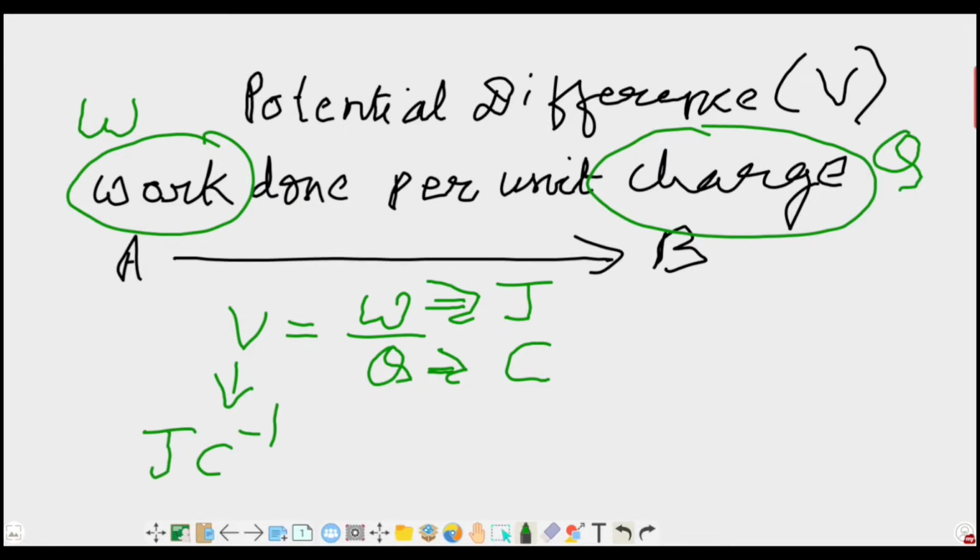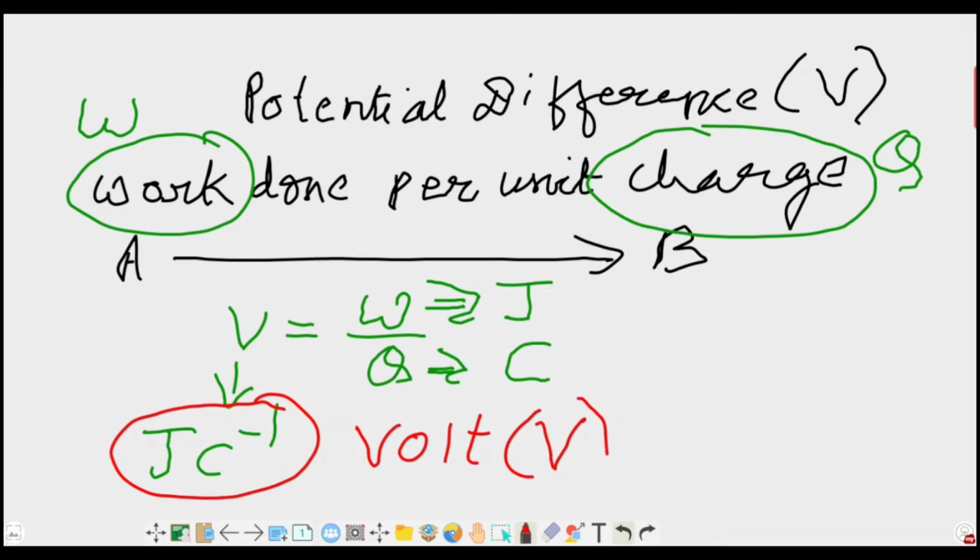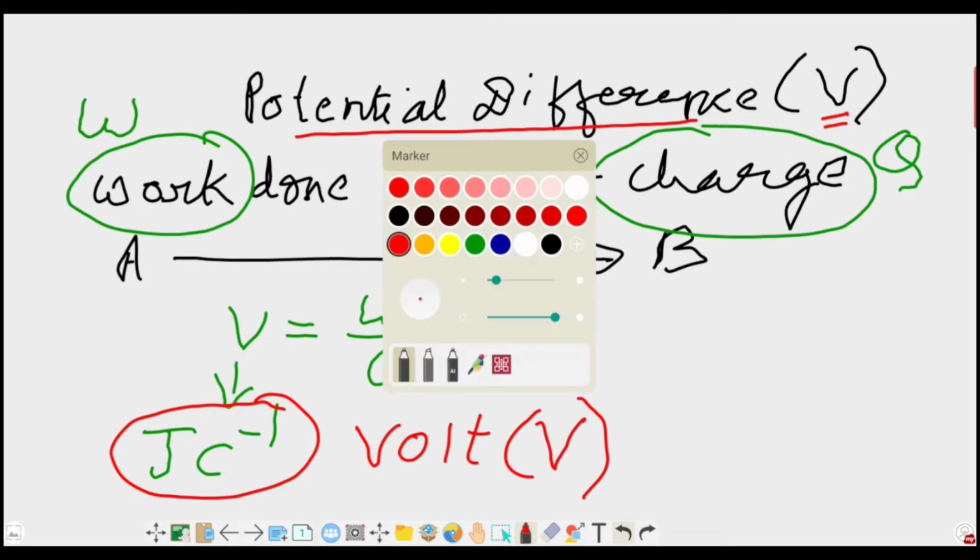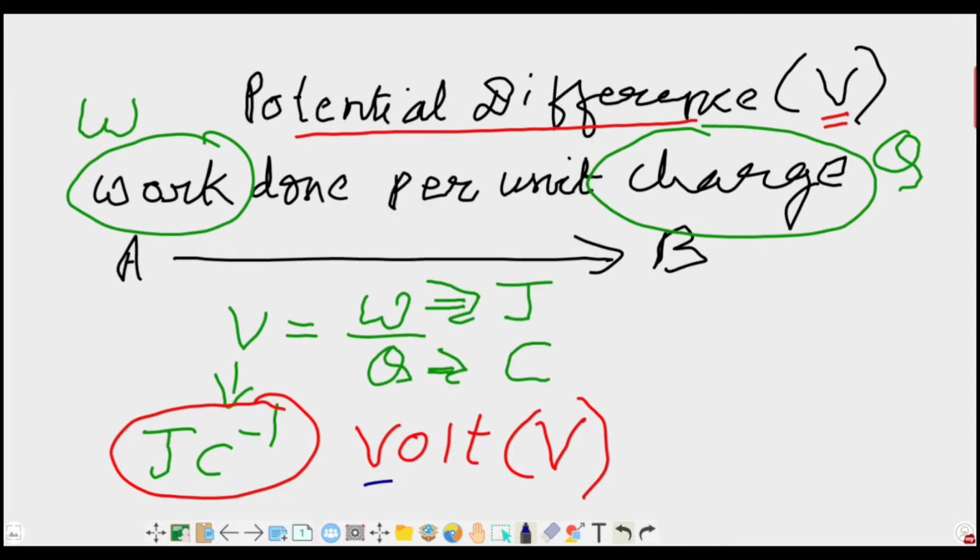But in honor of the scientist Volta, we call it volt. So what is the SI unit of potential difference? Volt. Volt is also indicated by capital V. So potential difference itself is indicated by capital V, and its SI unit is also indicated by capital V. This thing you have to keep in mind.